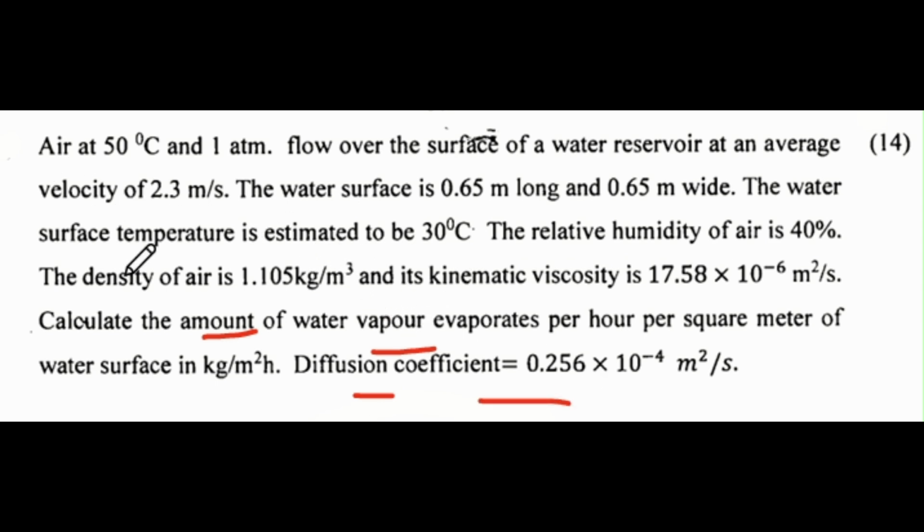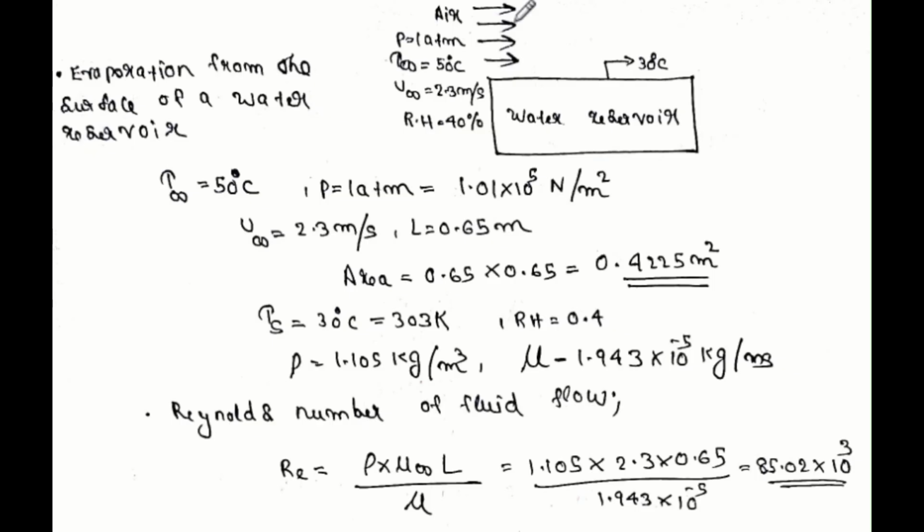Let's look at how to find the amount of water vapor evaporated per hour. So this is a simple drawing of this given condition. A water reservoir, whose surface is maintained at 30 degrees Celsius, and air flowing above the water surface with a velocity. The air movement or the region above it is denoted by infinity and the surface is s.